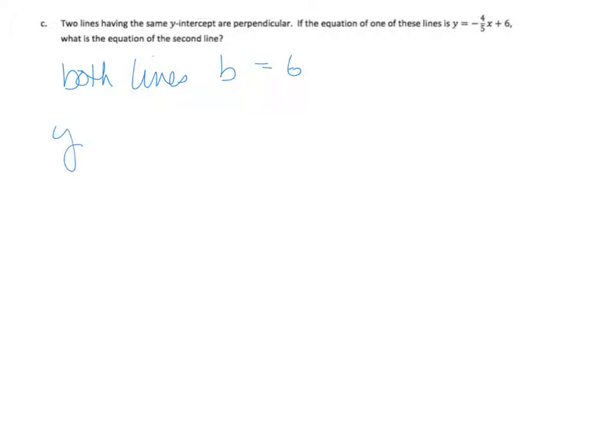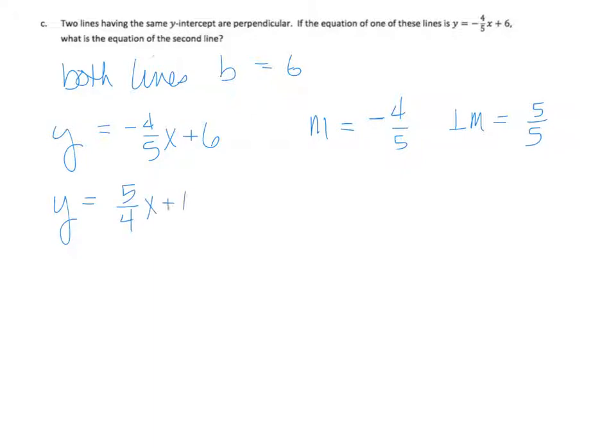One equation is y equals negative 4/5 x plus 6. The slope for this one is negative 4/5, so the perpendicular slope is going to be positive 5/4. I can use that, but the same y-intercept. Makes sense? So our slope has changed, but our y-intercept will remain the same.